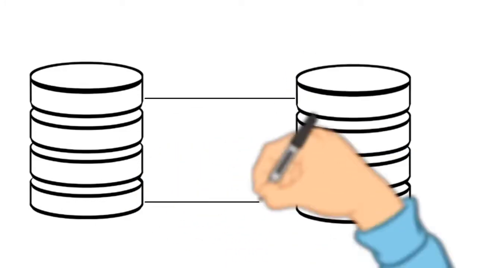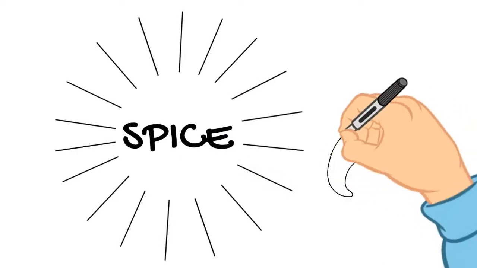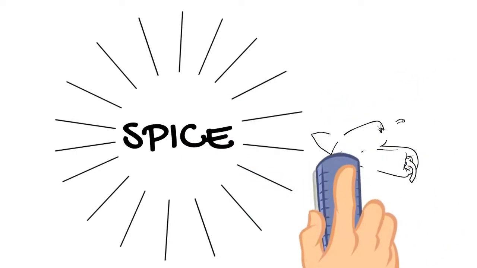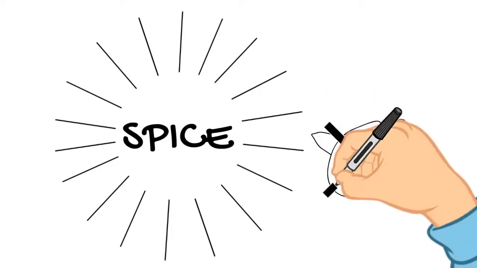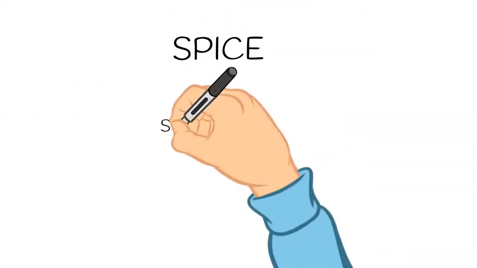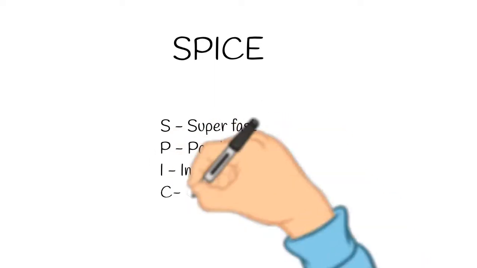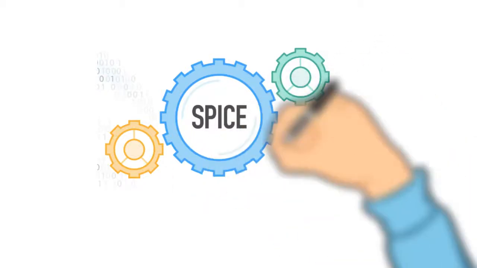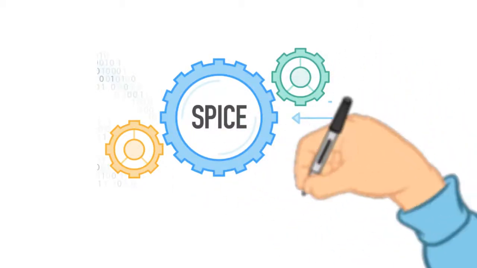But where is this data exactly uploaded to? Well, that data goes into SPICE, the brain behind Amazon QuickSight. No, not the spice. It stands for Super Fast Parallel In-Memory Calculation Engine. When you import data into a dataset rather than using a direct SQL query, it becomes SPICE data because of how it's stored.